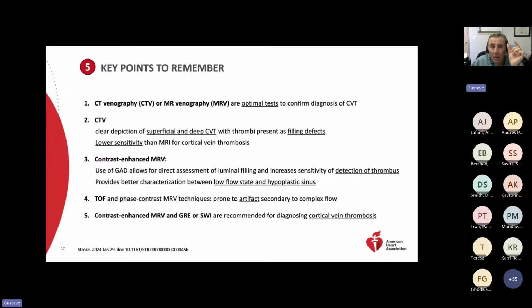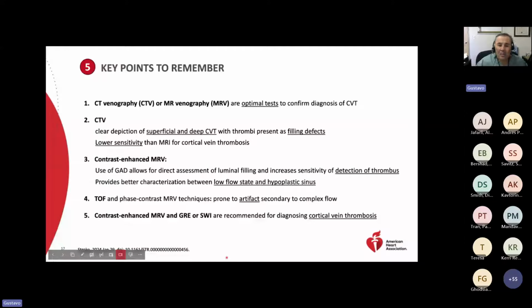The key word for making decisions is occlusive versus non-occlusive. We may undergo a CT venogram being asymptomatic and have a narrowing or an atretic sinus, and it doesn't have any clinical significance. That's why I'm emphasizing this concept, okay?